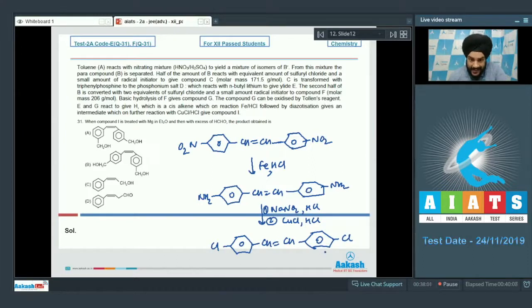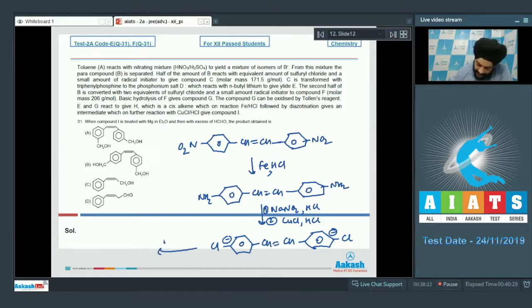So in the question it is mentioned that the compound I is treated with Mg in ether, and then when it is reacted with excess of HCHO, the product obtained is... Okay, so first this will be converted into the Grignard reagent. There will be a carbanion generated at this position, students, and then those carbanions will attack the HCHO molecules and convert into the CH2OH groups.